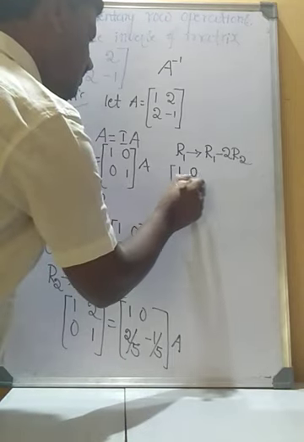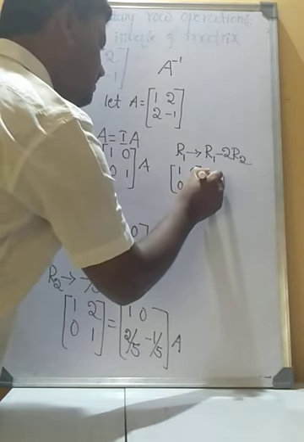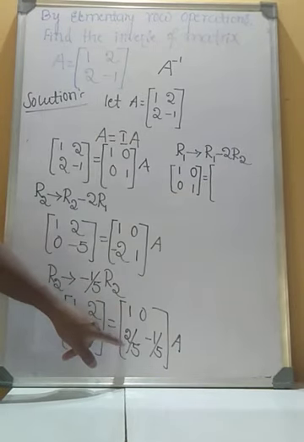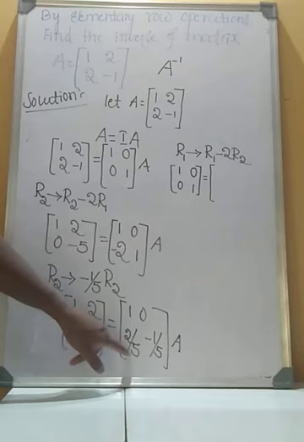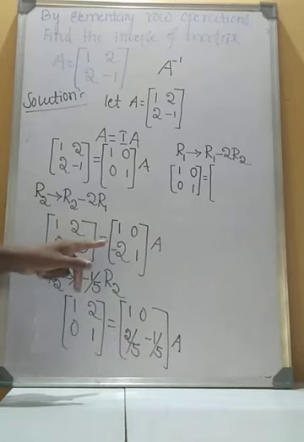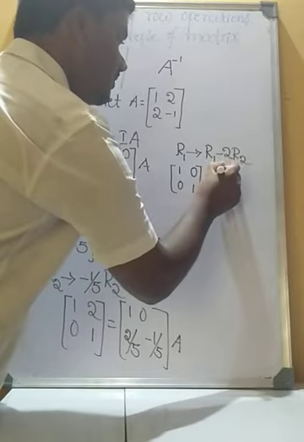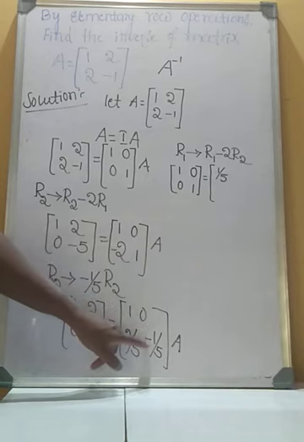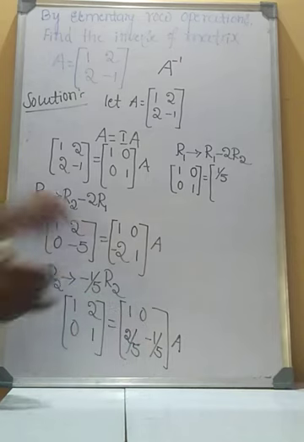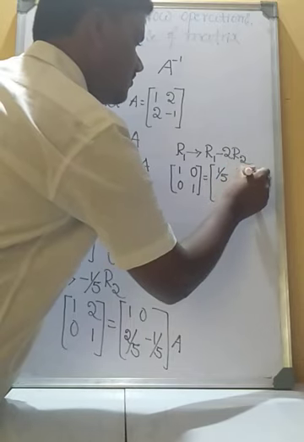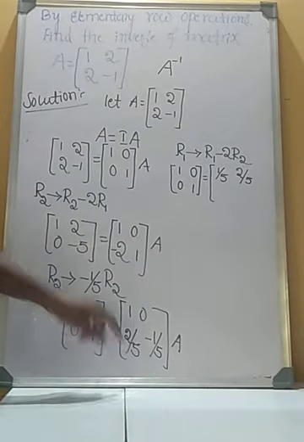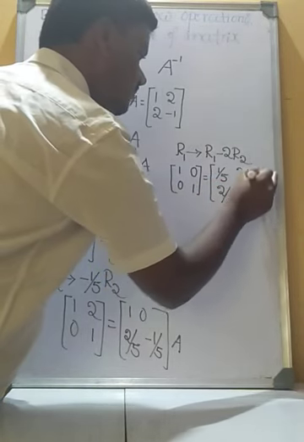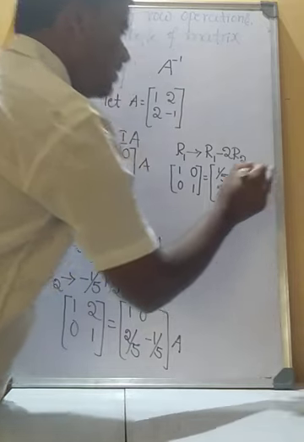The second row elements are written as it is, 0, 1, equals. On the right hand side, R1 is 1 minus 2 into 2 by 5, 1 minus 4 by 5 becomes 1 by 5. Then 0 minus 1 by 5 into 2, minus into minus becomes plus 2 by 5. The second row elements are 2 by 5, minus 1 by 5, into A.